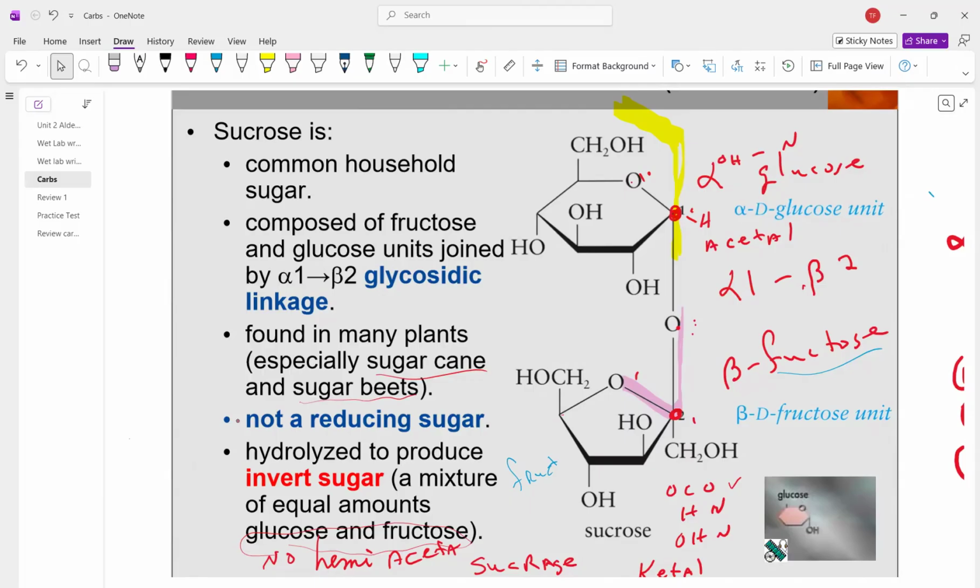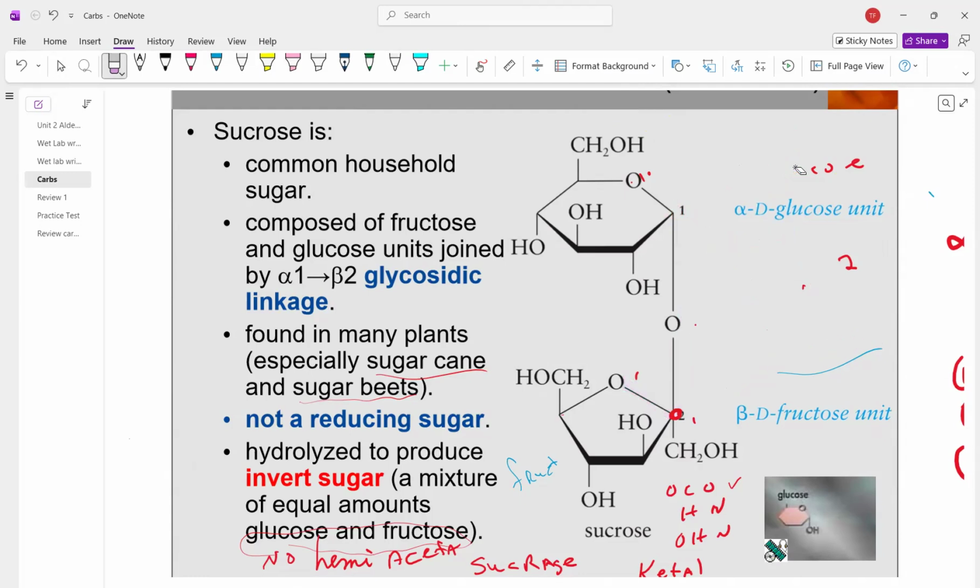So within seconds inside your mouth, that sucrase will convert that into fructose. So normally you don't get fructose directly, you get it via sucrose.